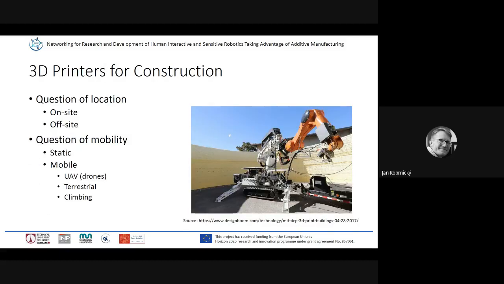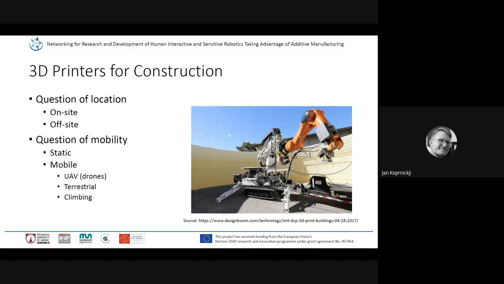What was not and is not solved by table 3D printers, and in industry, is the question of location, because if you have such large-scale objects to print, you have to answer if it is possible to print them on site or off site.